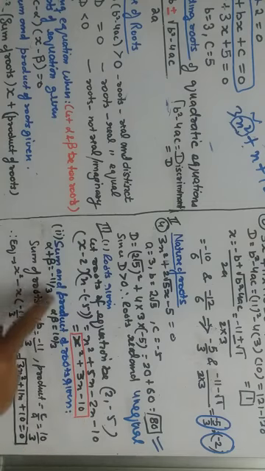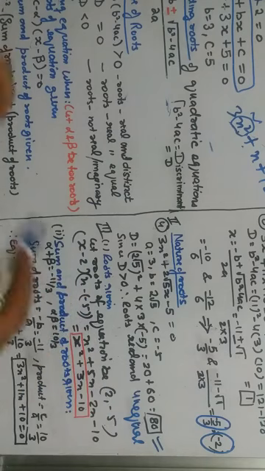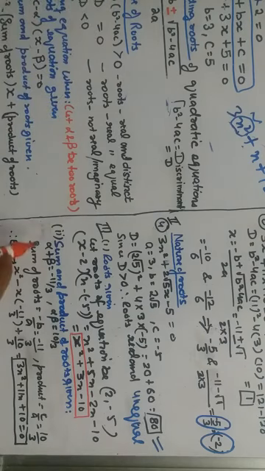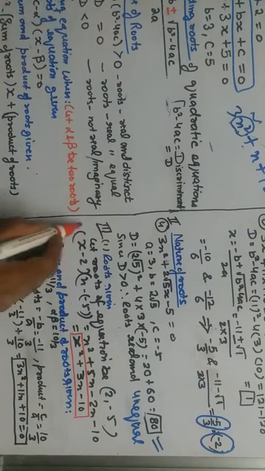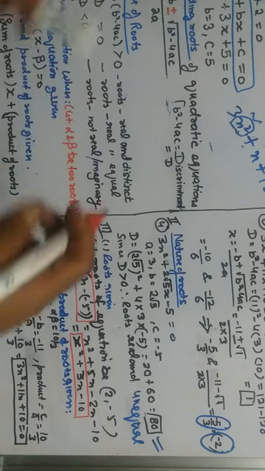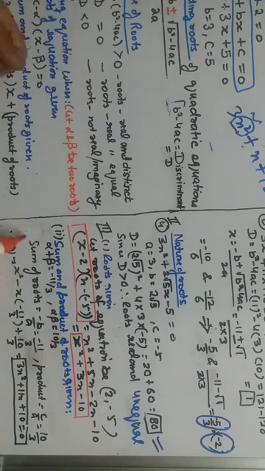Next is sum and product of the roots given. When roots are given, we apply this formula. And when the sum of the roots is given and the product of the roots is given, we apply this formula.